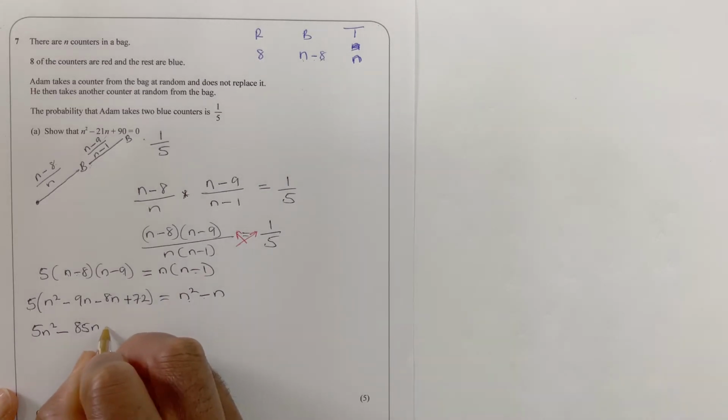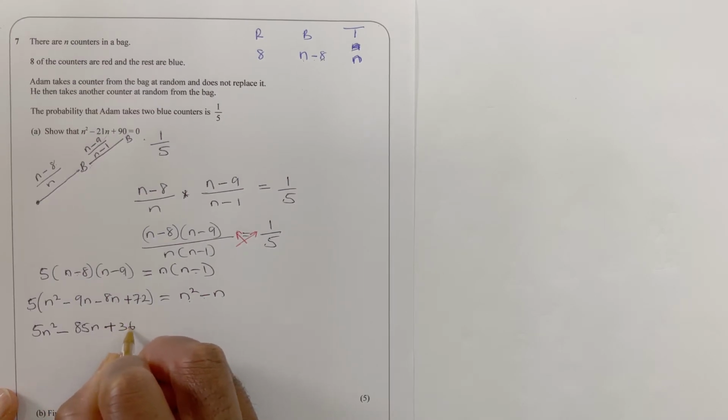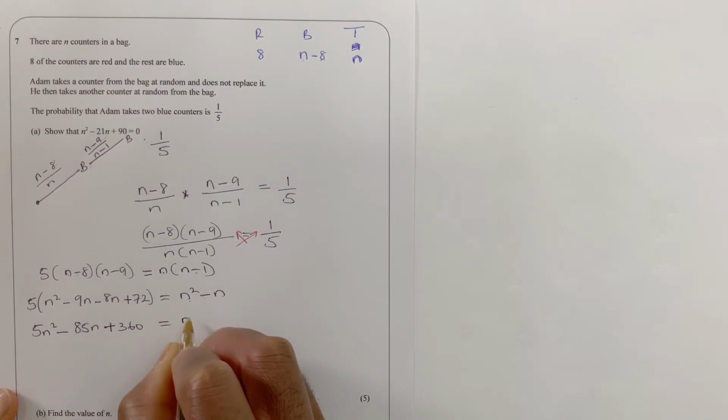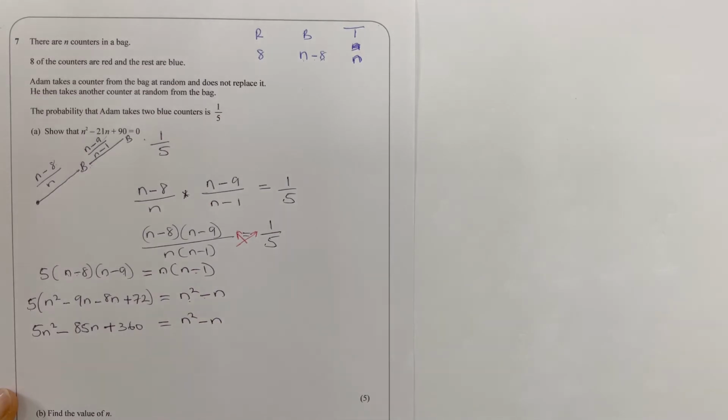So that will be plus 360 equals n squared minus n.